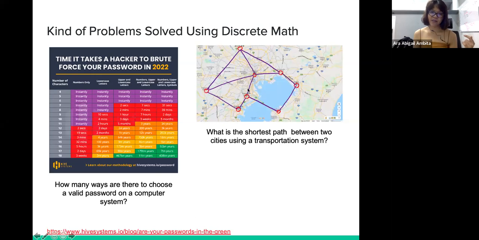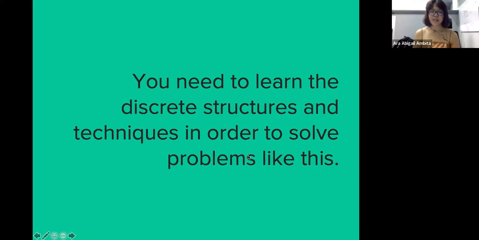Even if this path is longer, if there's no traffic, then that may still be considered the shortest path and the shortest time to get to your destination. In order to solve problems like this, you need to learn the discrete structures and techniques, and you will be learning that in this class.